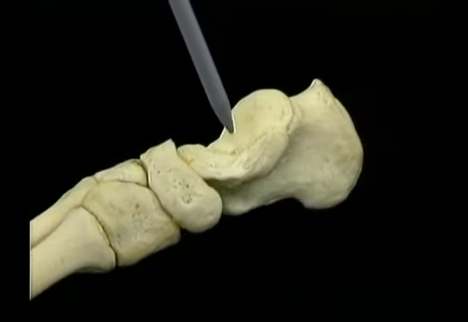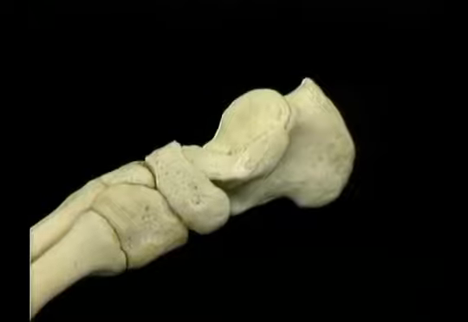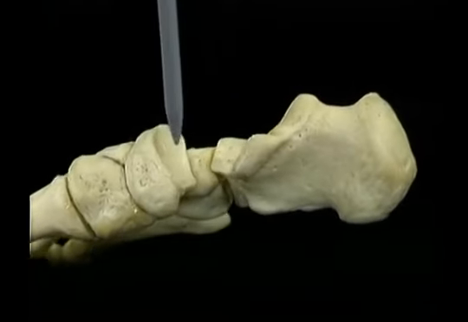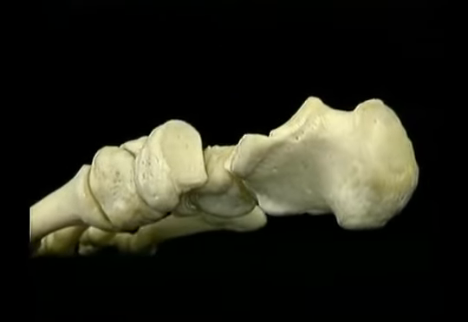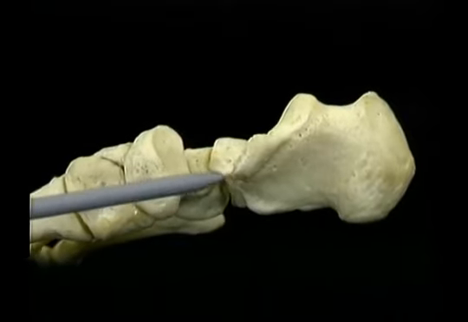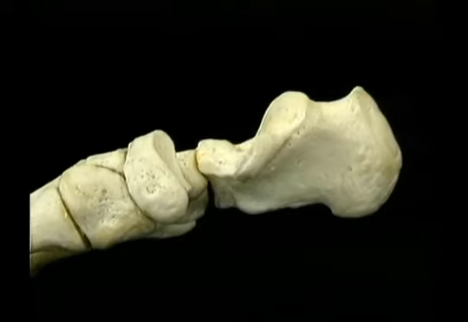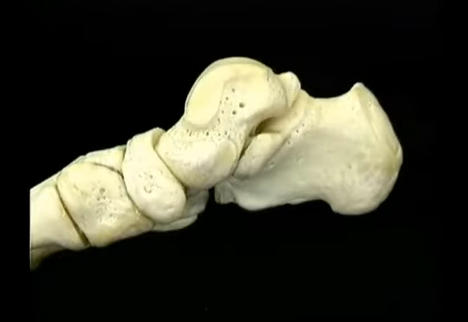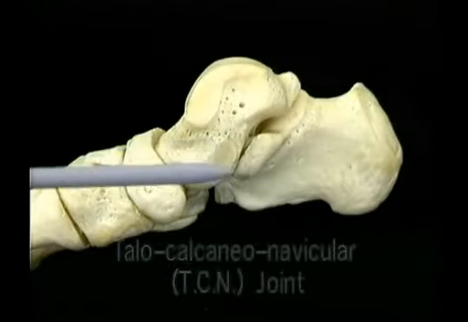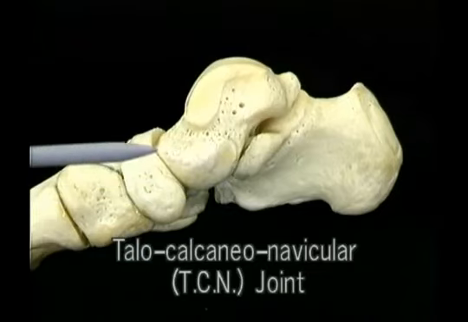The socket is formed by this surface of the calcaneus, this surface of the navicular bone, and by a strong ligament here, which we'll see in a minute. These surfaces, together with the head of the talus, form the talo-calcaneo-navicular joint.